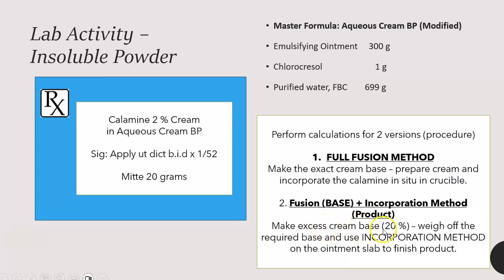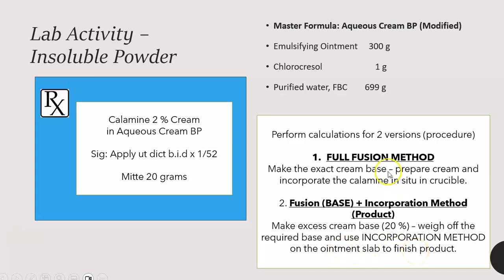You do your cream, so you made the aqueous cream in the crucible. Once you get that nice fluffy cream, remember you'd have made excess of what you really need, you weigh off the required portion that the prescription calls for and use the incorporation method to finish making the product on the ointment slab.